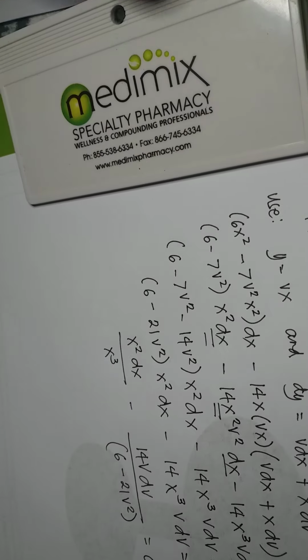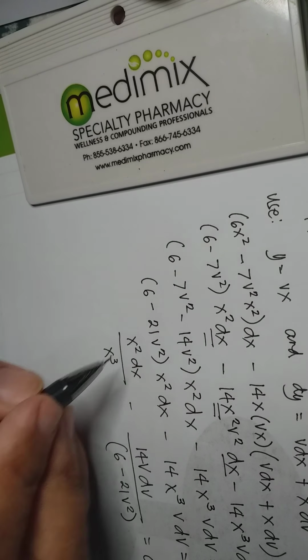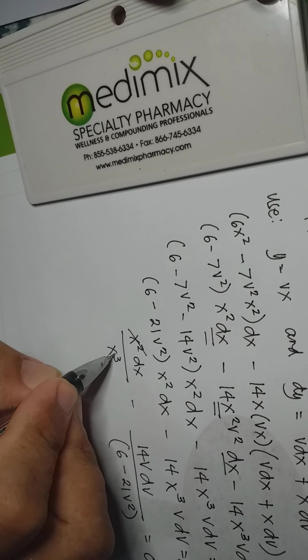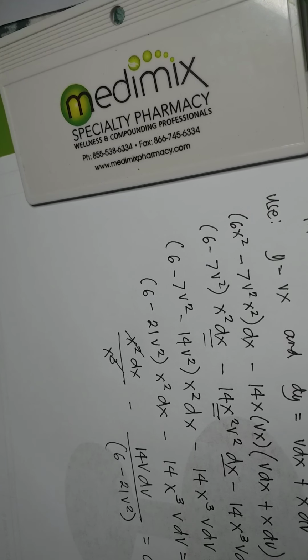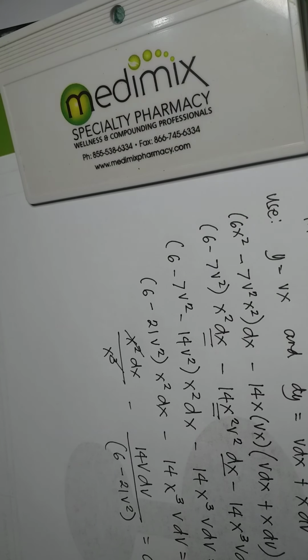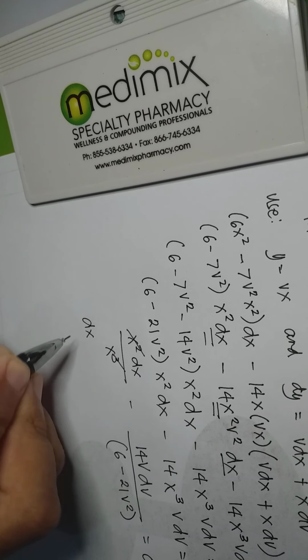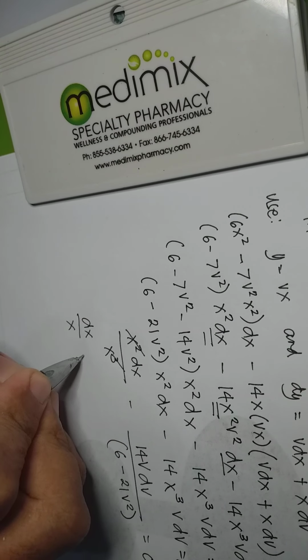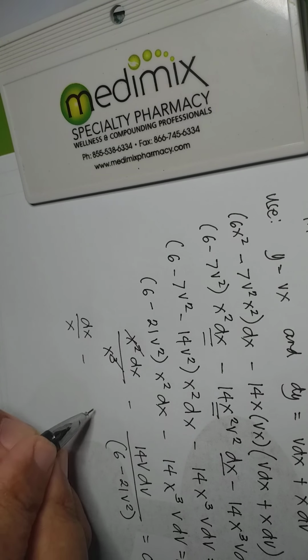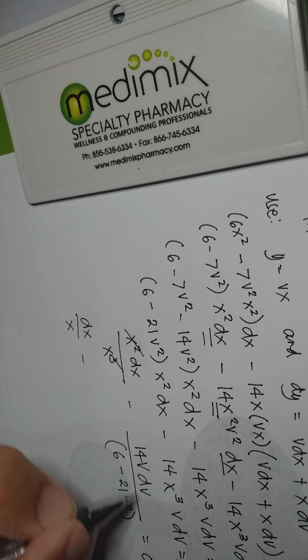So, dividing x squared dx by x cubed, we'll have dx over x minus, we have 14v in the numerator.